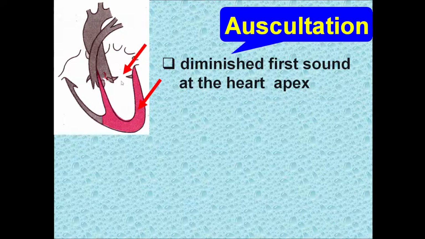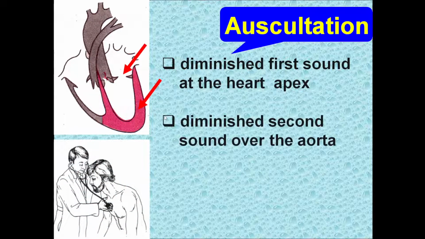Here it is relative mitral insufficiency, because the mitral valve is unclosed due to widening of the mitral orifice because of dilation of the left ventricle. The second sound over the aorta is diminished because there is no valvular component, the main component of the second sound.